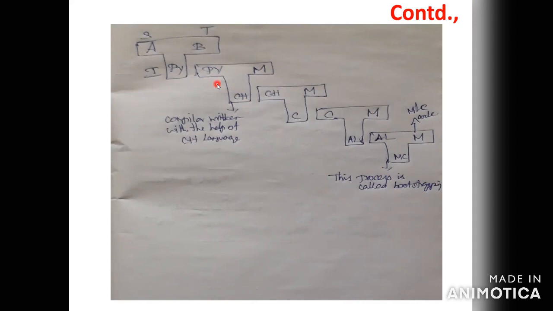Then I write the implementation language as C++. So the compiler is written with the help of the C++ language. But the CPU does not understand that language either. So what will we do? Based on the CPU's understanding, I can create one more compiler.